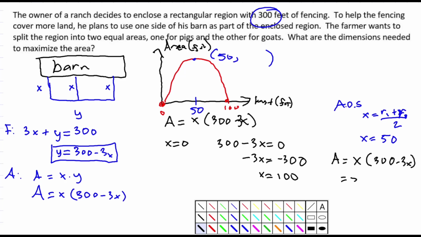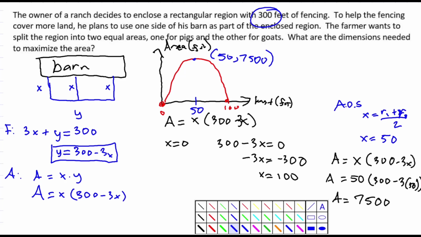So we're going to plug in the 50 and 300 minus 3 times 50. And then we're just going to simplify that out. So what do we get when we simplify that? I just did that right now. So that's 7,500.